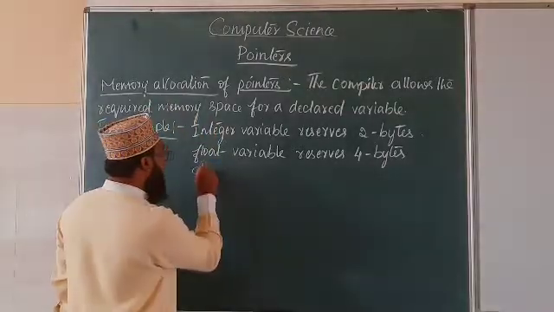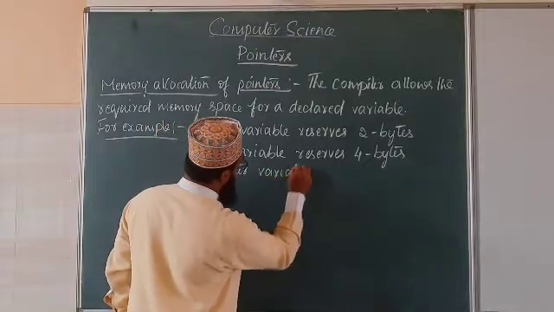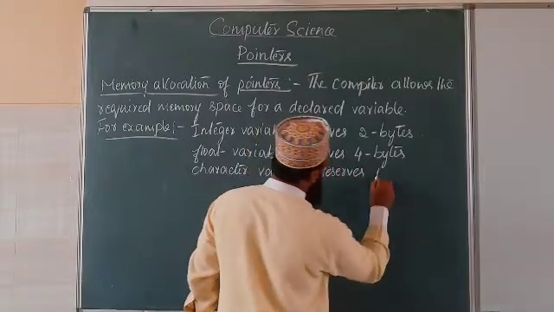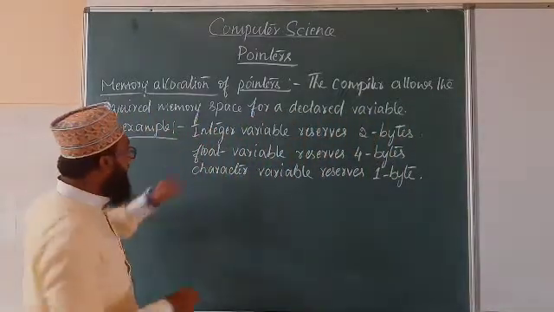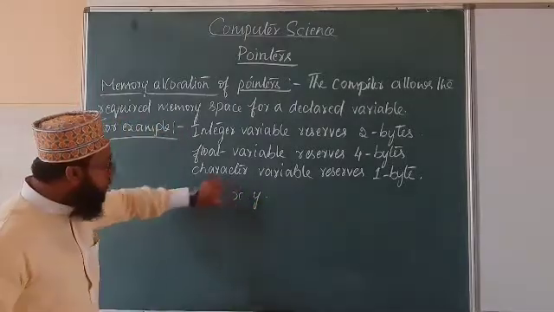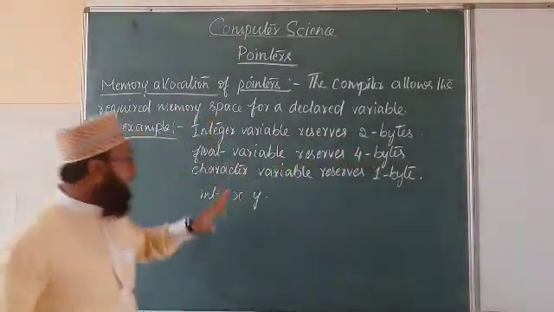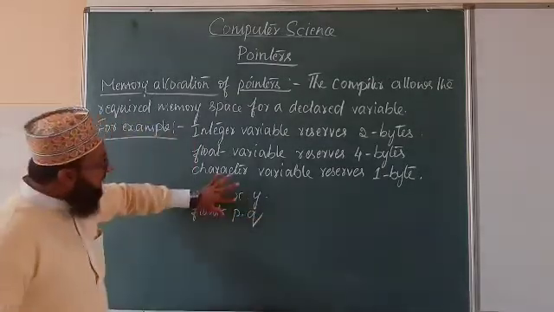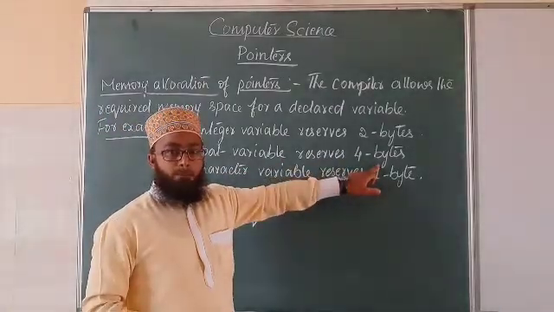And in the same way, a character variable reserves 1 byte. If we take an integer type variable x or y, this one variable takes 2 bytes of memory. Understood? If we have taken float p or q, this one variable reserves 4 bytes of memory.